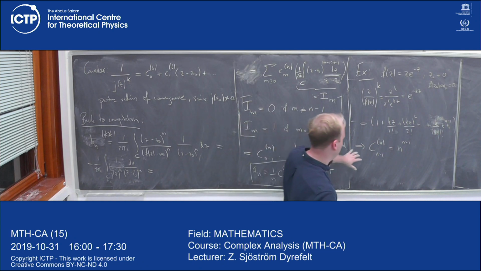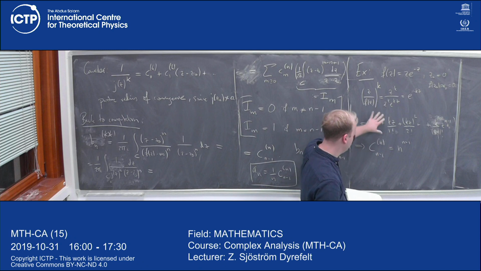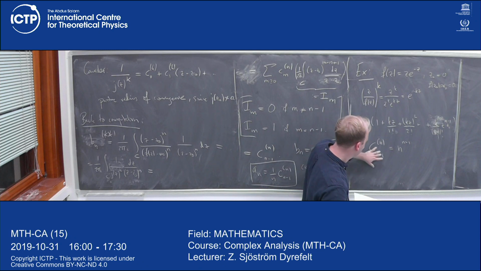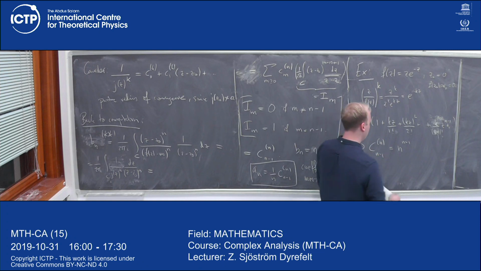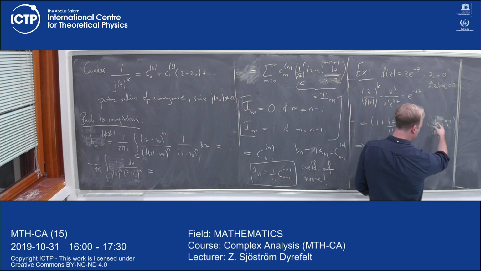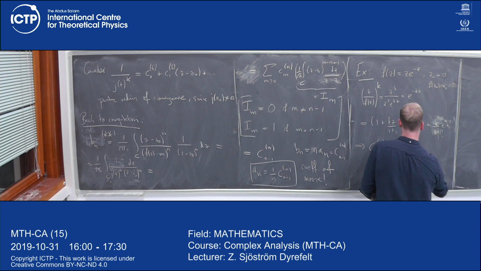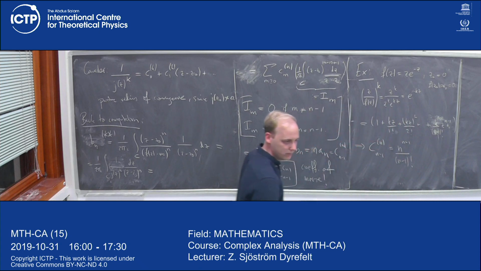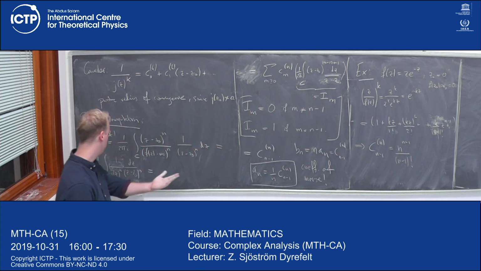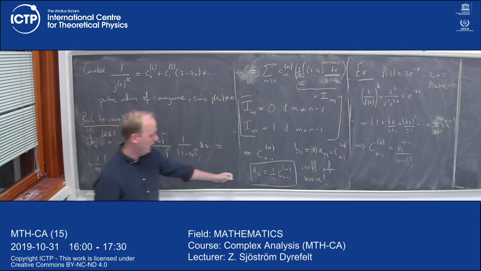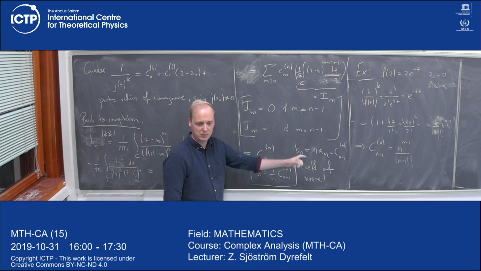But still, what was confusing me is that if we take Cn minus 1 with n in parentheses, then the k is n. So this is equal to, imagine k is n, that's equal to this over n minus 1 factorial. But this is not what we wanted, because what we wanted was an, which was 1 over n times this.